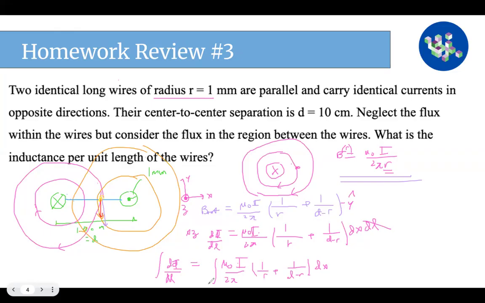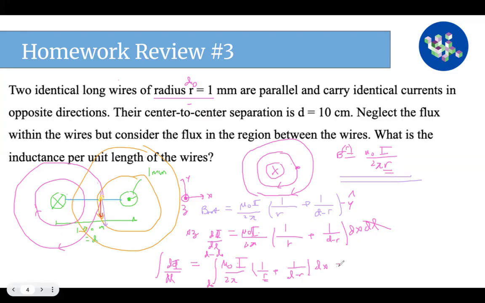We're given it's small r, let's call it d0, just to not confuse the variables with my r over here. The upper boundary will be d minus d0, and the lower boundary will be d0. So from d0 to d minus d0.